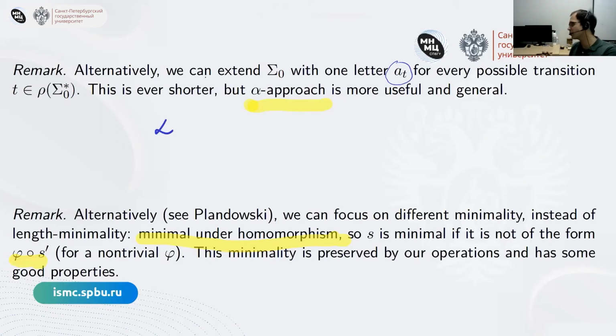This applying something on top could be replacing C with AB, or replacing a letter A with ABC, with DEF. So in general, we need something non-trivial. A permutation of letters or some cancellation of letters does not count, but some of the letters could be replaced by some longer substrings. This type of homomorphism is actually preserved by all of those compression operations, and then all the properties of this theory could be shown for those homomorphism minimal solutions.